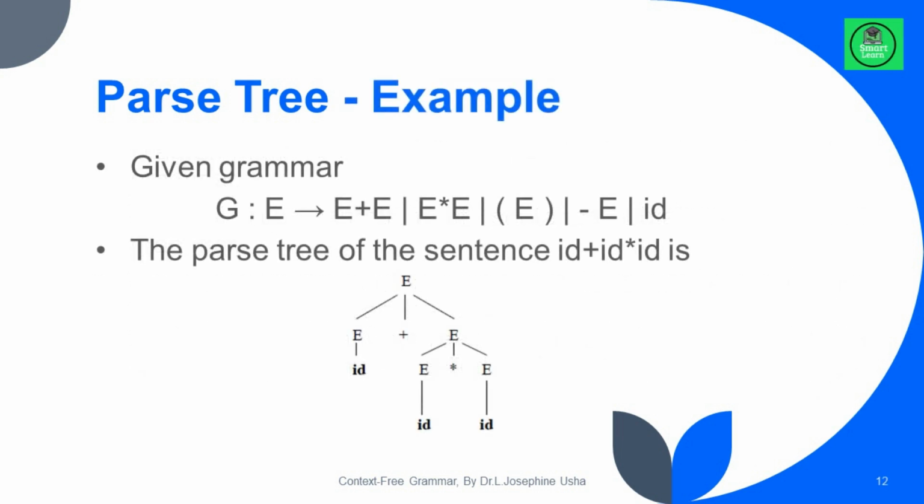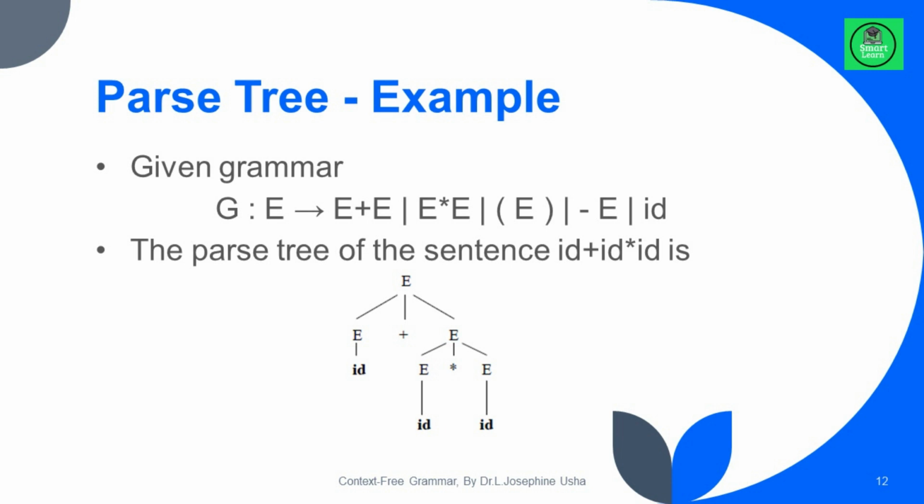Next you see one example of parse tree. Consider the same arithmetic grammar, E tends to E plus E, E star E, E minus E, and id. Then you consider the sentence id plus id star id. You are going to derive the parse tree for the sentence id plus id star id.